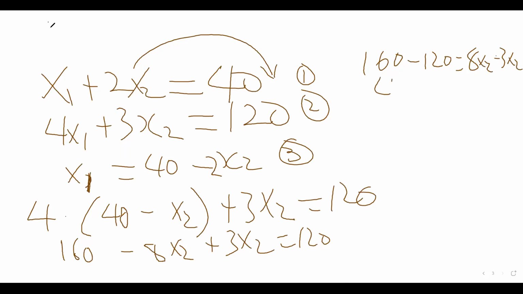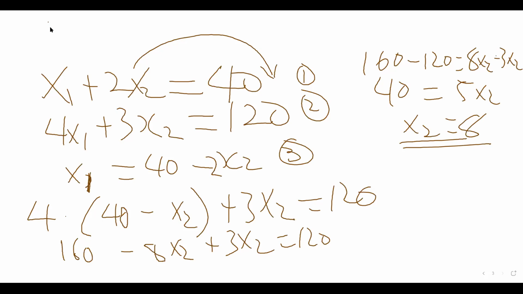So you get 40 equal to 5x2. You divide both sides by 5 and x2 is equal to 8. So now you have the value of x2 to be 8. Normal simultaneous equation.